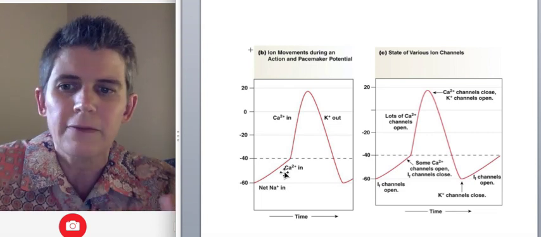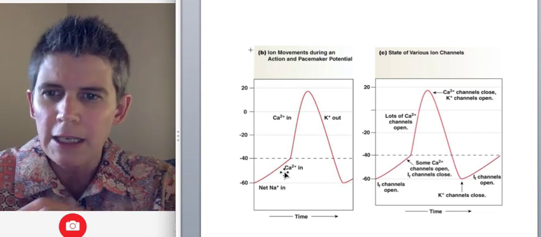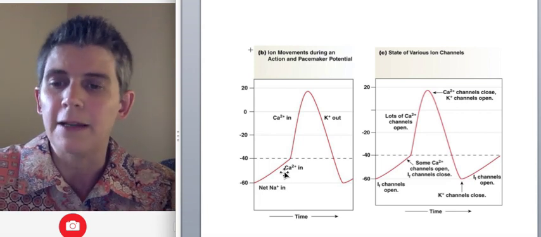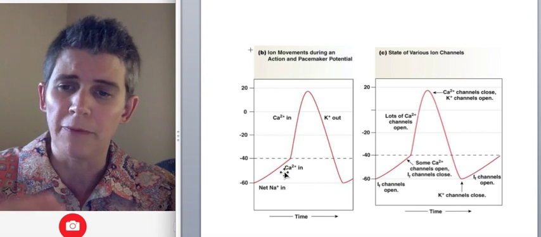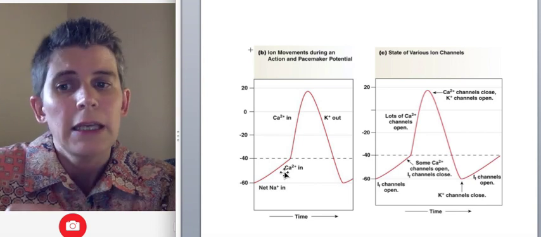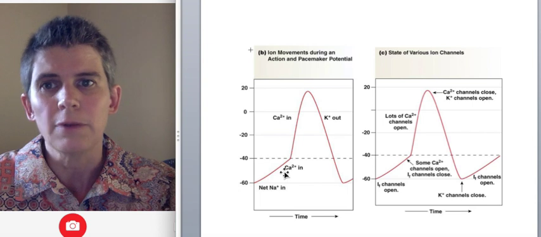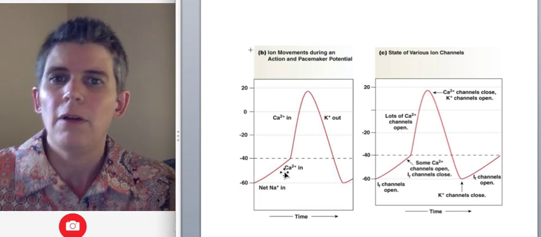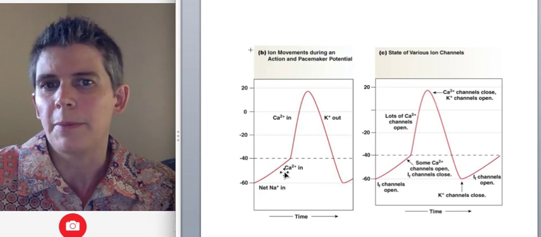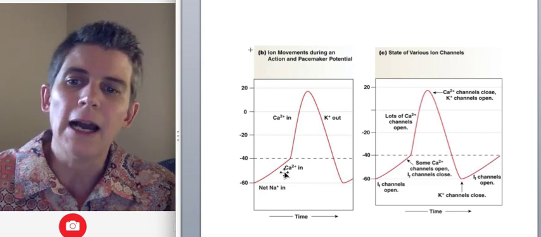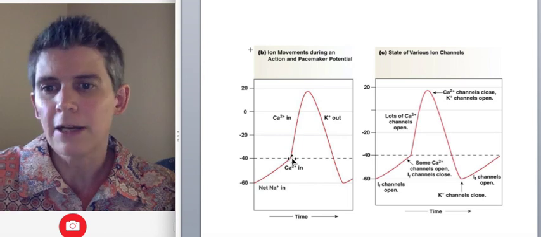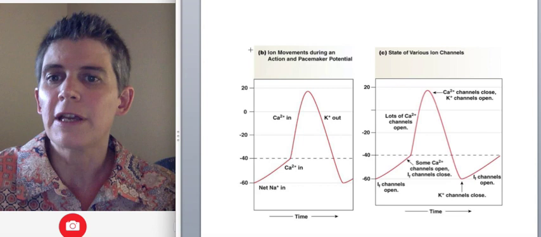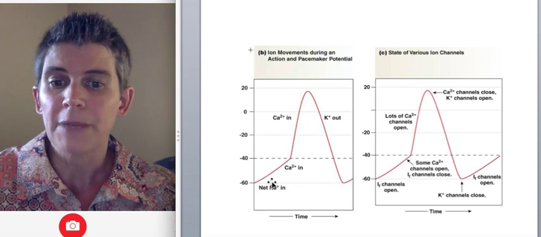So you have all these individual IF channels, and each one that's bound by cyclic AMP, downstream of the sympathetic stimulation, is going to stay open longer, which means that over the whole population of channels in that cell, at any given time, more of them are going to be open. So at any given time, more sodium and calcium are going to be passing through these IF channels. So they depolarize to threshold much faster.